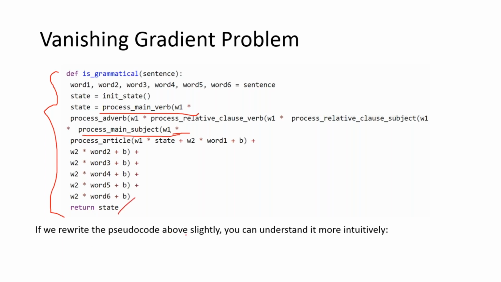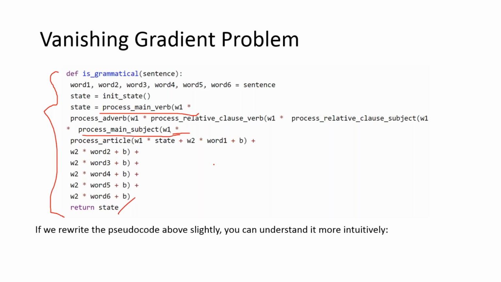If you rewrite the pseudocode of what we did here, you can understand it's very complex, and it makes the network go slow and very diluted. That's not bringing in the previous state, which is very important.